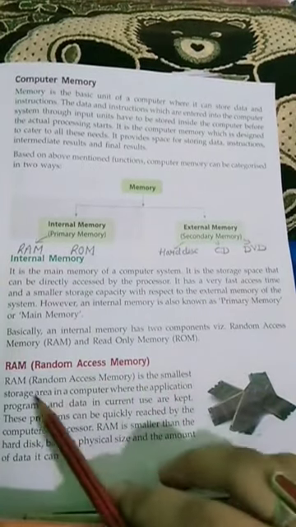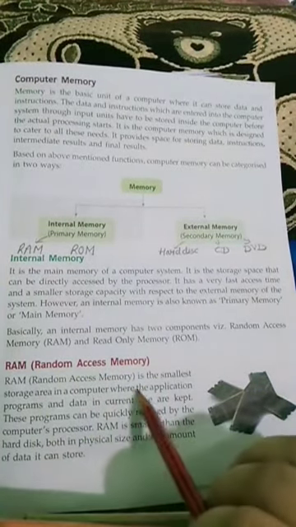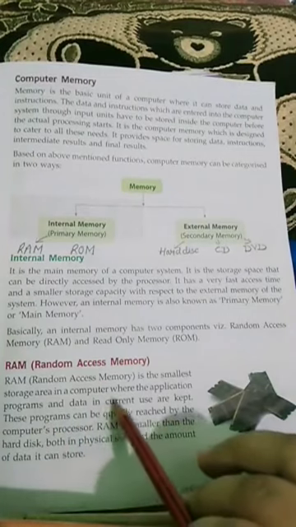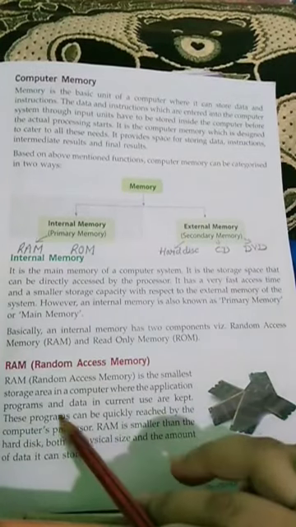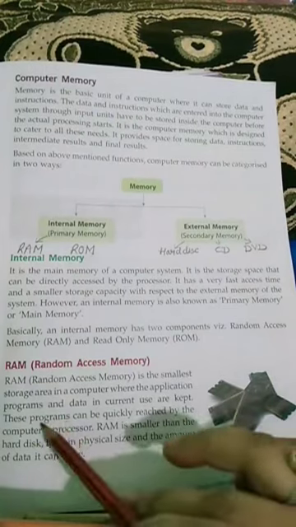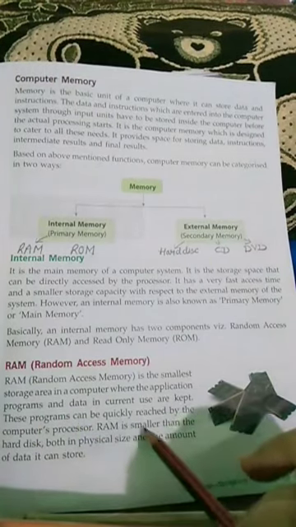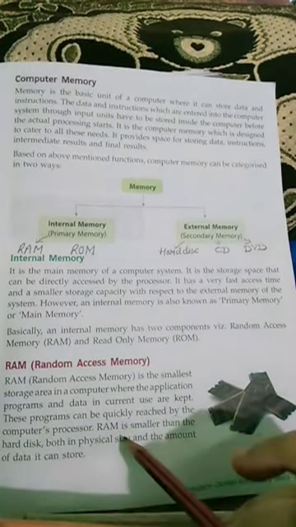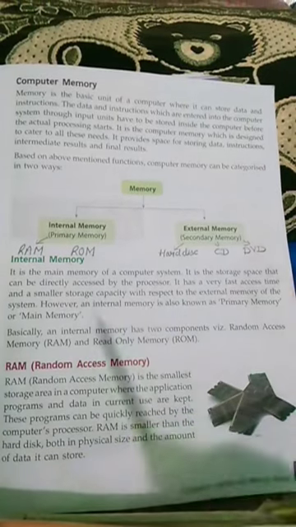It is the smallest storage area in a computer where the application programs and data in current use are kept. These programs can be quickly reached by the computer's processor. RAM is smaller than the hard disk, both in physical size and the amount of data it can store.